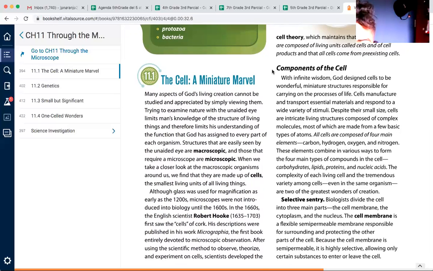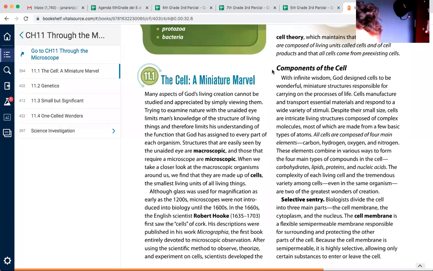With infinite wisdom, God designed cells to be wonderful miniature structures responsible for carrying on the process of life, self-manufacture and transport of essential materials, and responding to a wide variety of stimuli. Despite their small size, cells are intricate living structures composed of complex molecules, most of which are made from a few basic types of atoms.